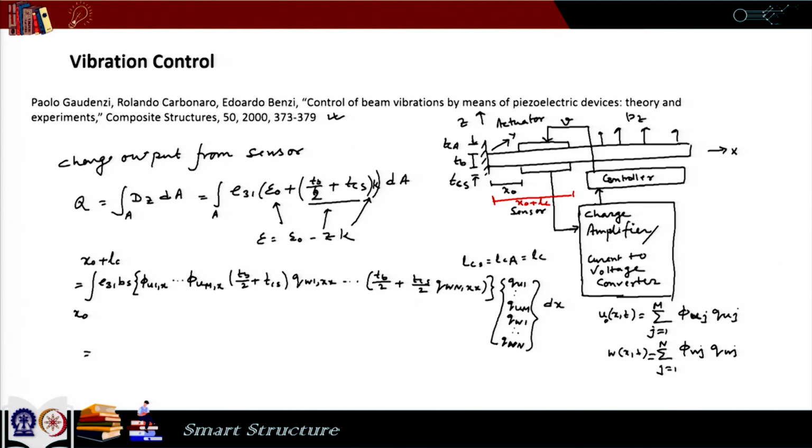So, what we are doing is, if I multiply this q vector with this row vector, that gives me this expression.